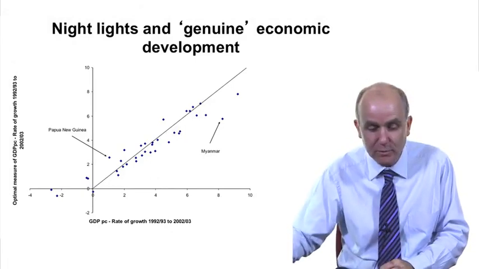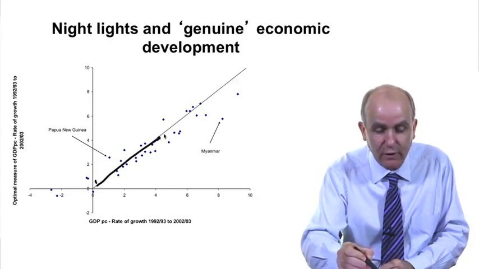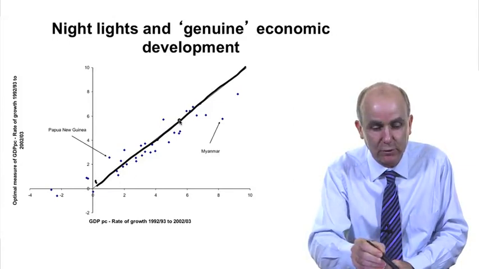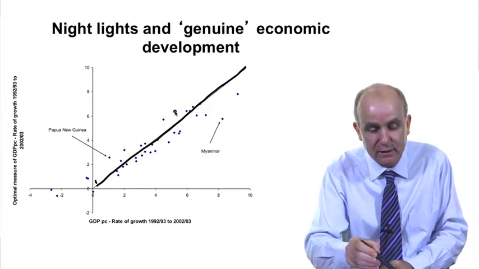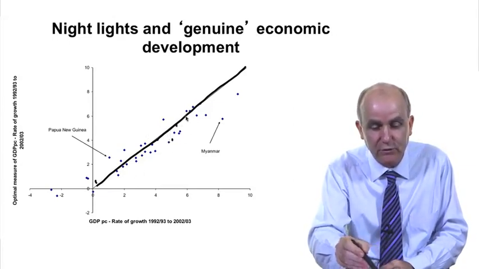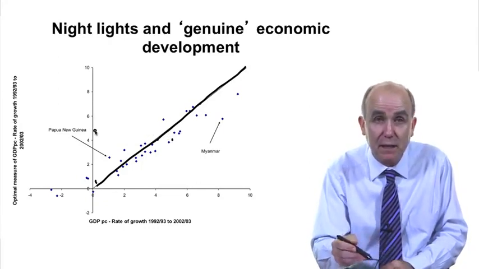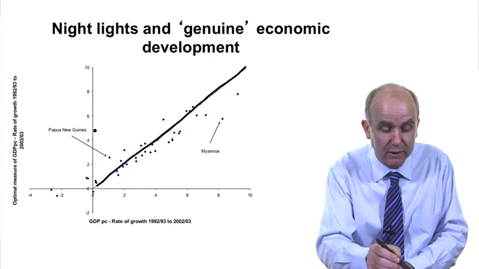So if an observation is close to this 45-degree line, then that means that the two measures are pretty similar. And you see for lots of the countries that the statistical agency measure is not too far away from the adjusted measure that includes the lights data. But there are some countries for which there's quite a bit of difference.